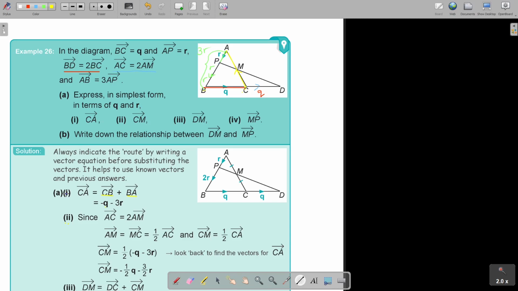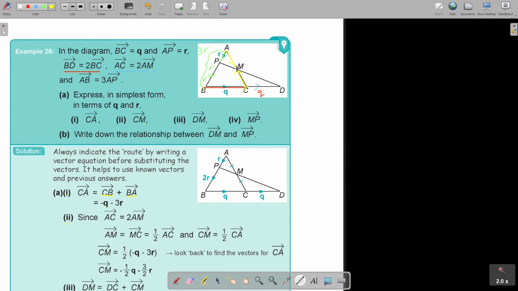Now, they say CM. Where is CM? They say AC, where is AC? AC is 2 AM. Oh, there I wrote it. So this cut, they are equal.